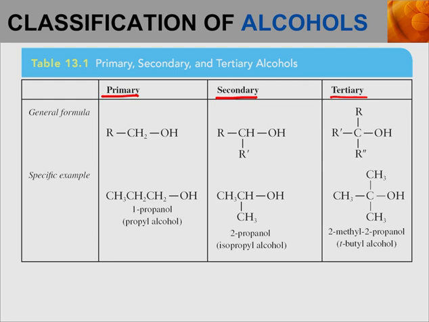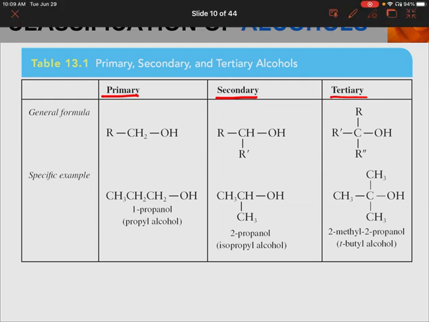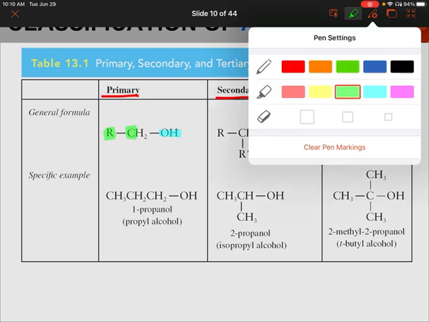For example, if the OH group is bonded to a carbon that is only bonded to one other carbon group, then we call that a primary alcohol.